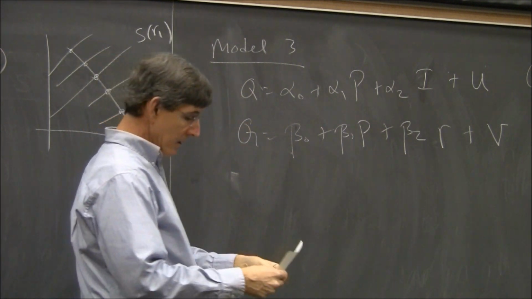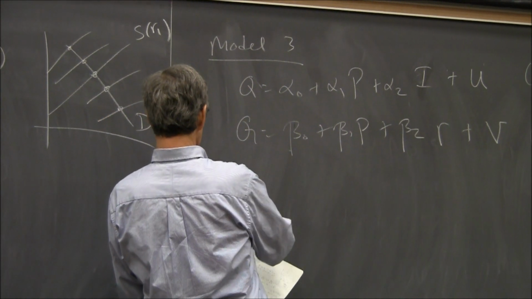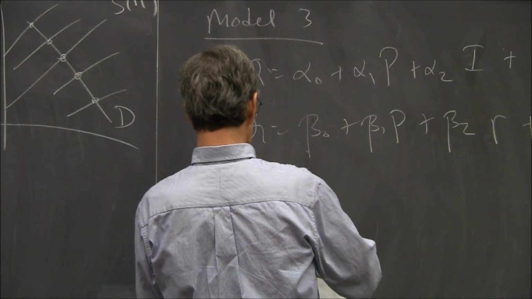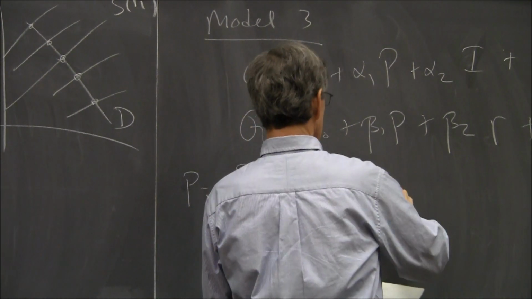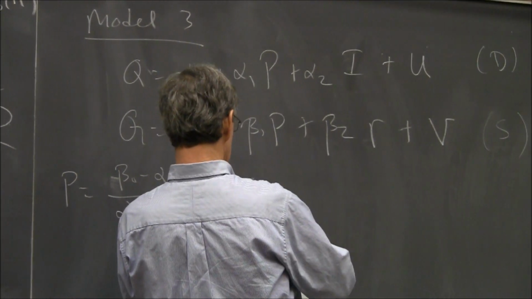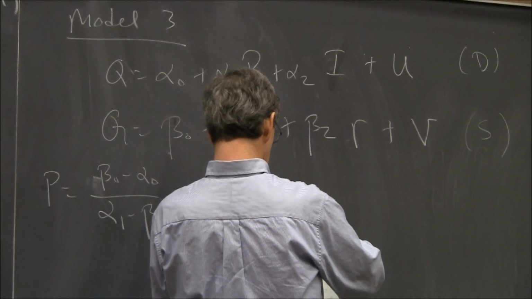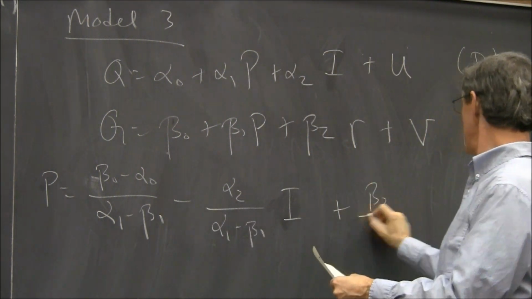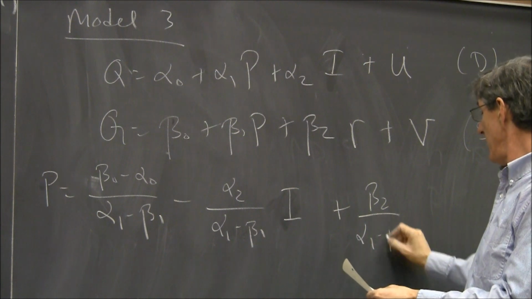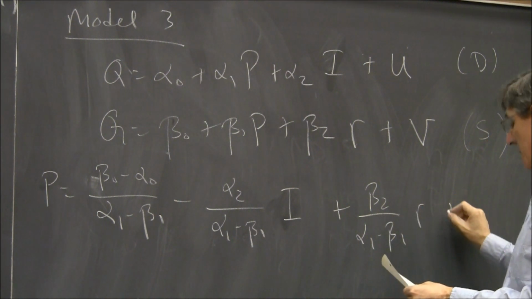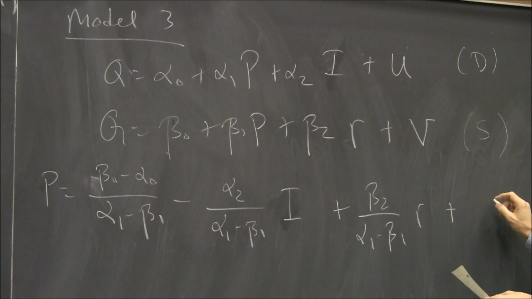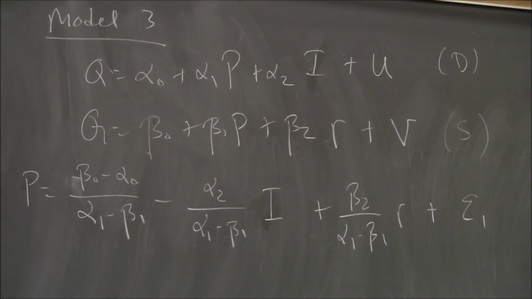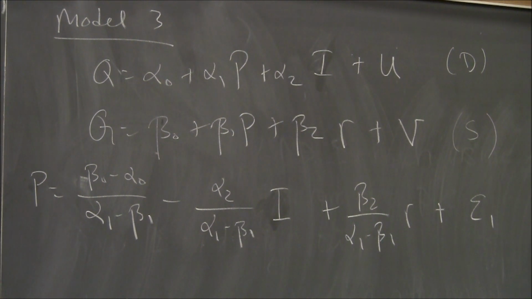Solve for P. So P equals (beta 0 minus alpha 0) over (alpha 1 minus beta 1), minus alpha 2 over (alpha 1 minus beta 1) times I, plus beta 2 over (alpha 1 minus beta 1) times R, plus E1, some combination of U and V. What would E1 be?